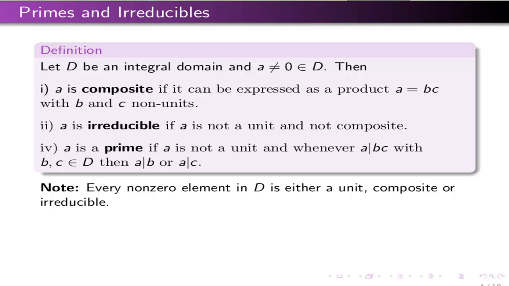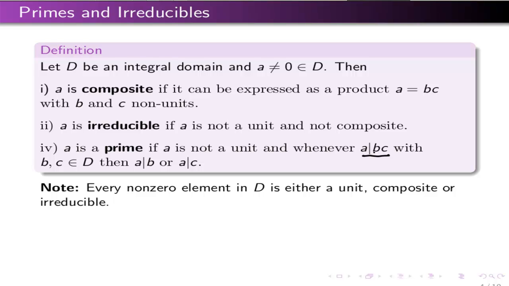So that's the type of definition we gave to primes in the integers originally. But in algebra, the word prime is given a different definition. We'll say that the element A is a prime if it's not a unit, and whenever A is a divisor of a product of two things, B times C, then A is a divisor of B, or A is a divisor of C. So this is an actual property of primes in the integers that we had to prove as a theorem.